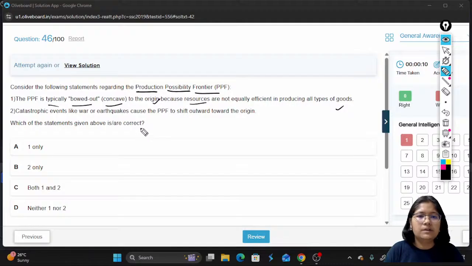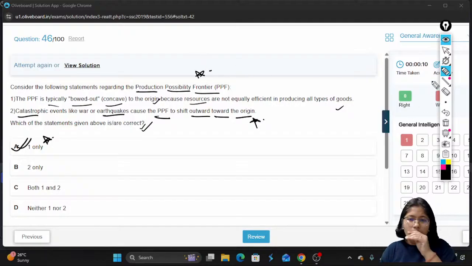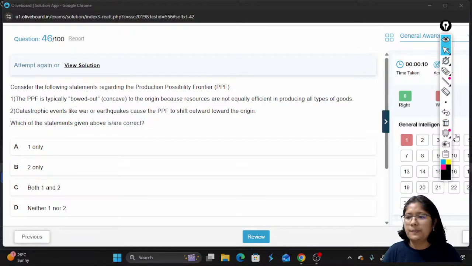So here it is correct. Then catastrophic events like war or earthquake cause the PPF to shift outward, away from the origin. So this statement is not correct, and 1 only is the correct answer. So A will be the correct answer here.